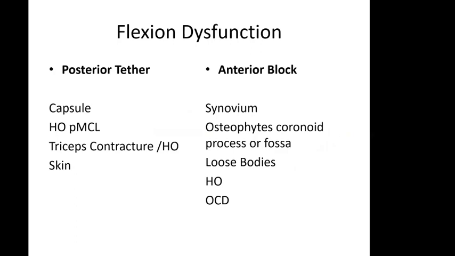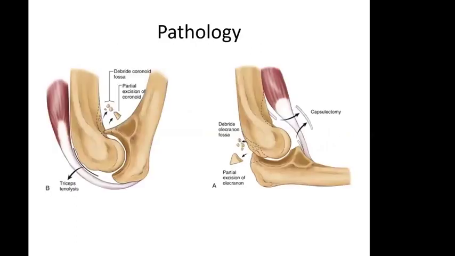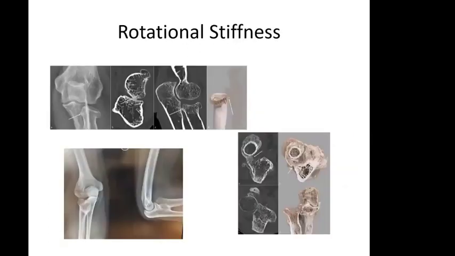Understanding this is important as it gives us an insight into the management of these problems. Incongruity of a malunited radial head fracture after trauma, heterotopic ossification, or synostosis leads to rotational stiffness.